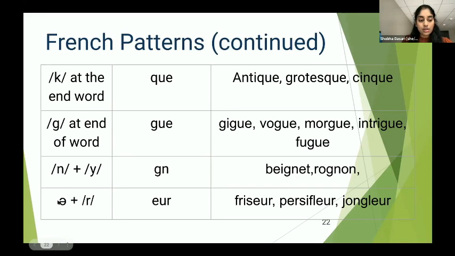And then for the sound at the end of a word, most of the time, the spelling is EUR. So friseur, persifleur, jongleur. And so, yeah, another language pattern in French there.